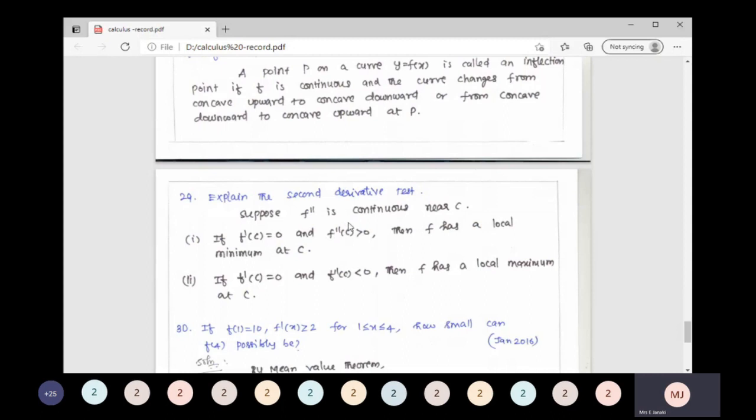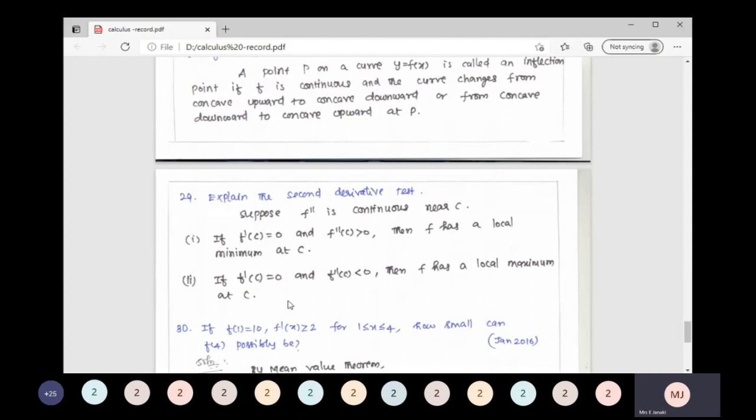If f double dash of c is greater than 0, then the function has a local minimum at c. So whenever the double derivative is greater than 0, the function has a local minimum. And if f double dash of c is less than 0, then the function has a local maximum at c.